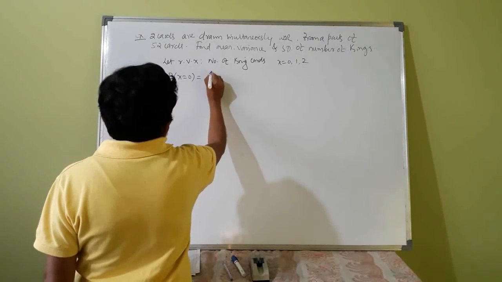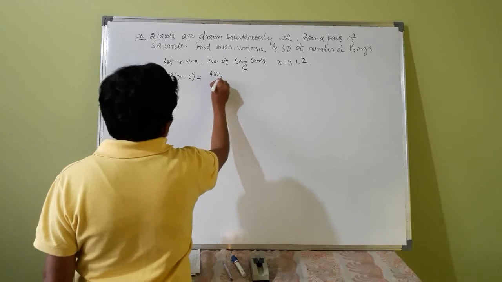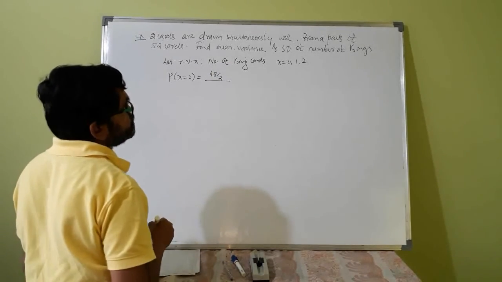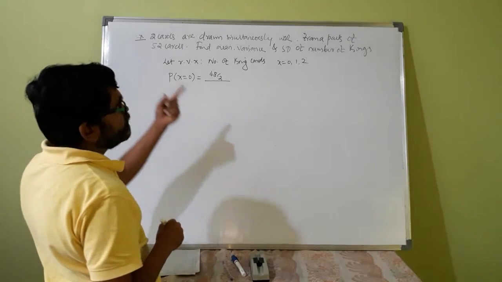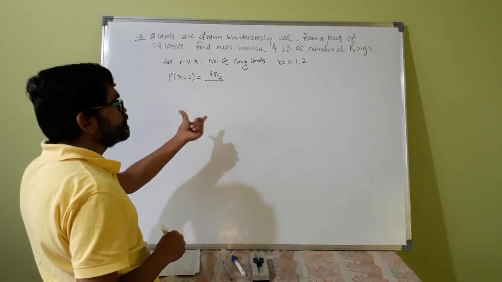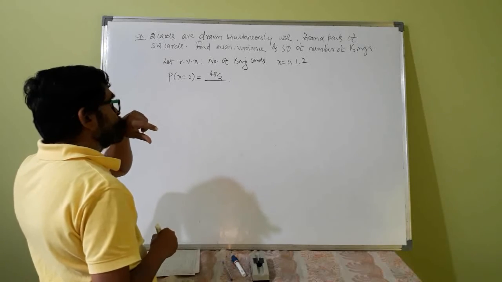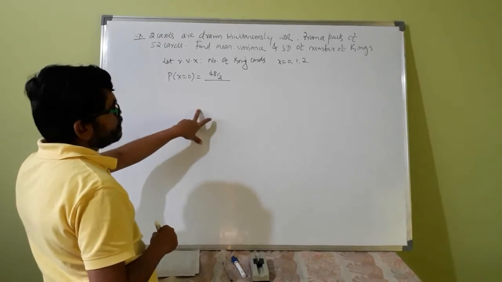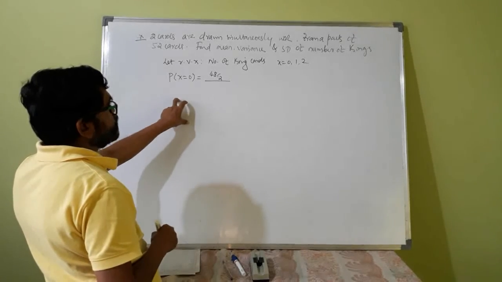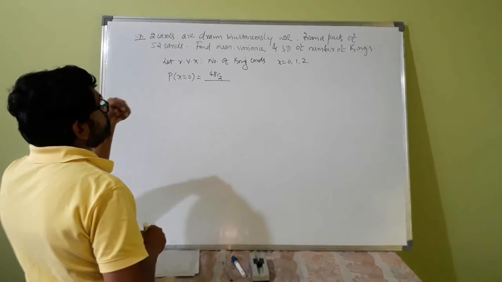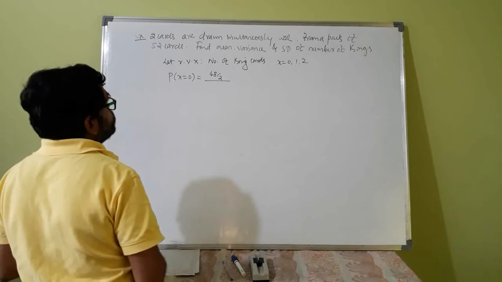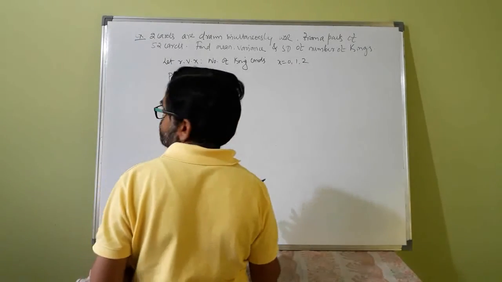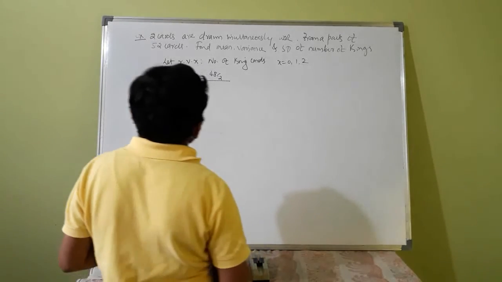If 4 cards are king, non-king cards are how much? So 48C2. See, this is the without replacement case. If it is replacement, then you have to find that separately, that is probability of king and probability of non-king separately, 4 by 52 and 48 by 52, like that, 1 by 13 and 12 by 13.